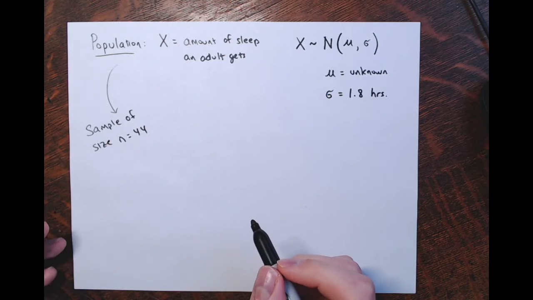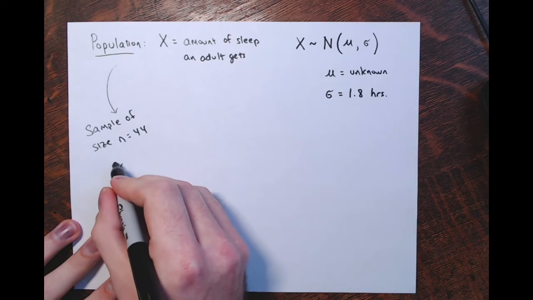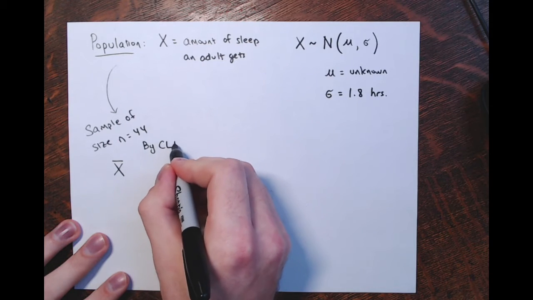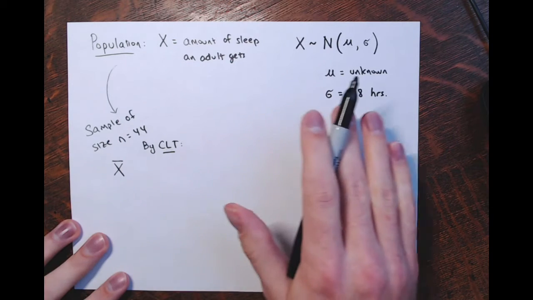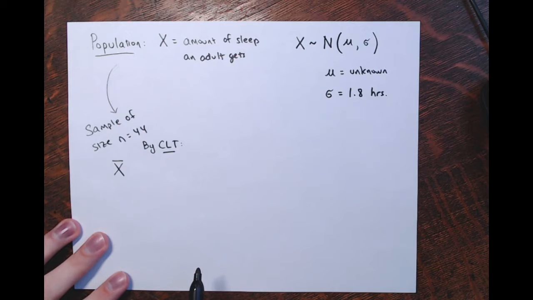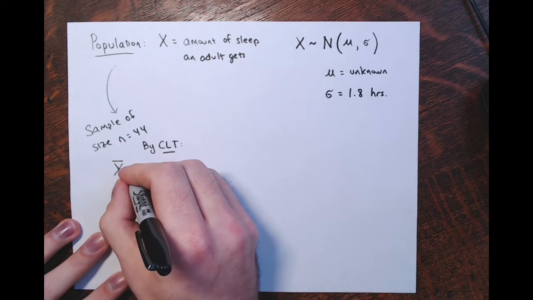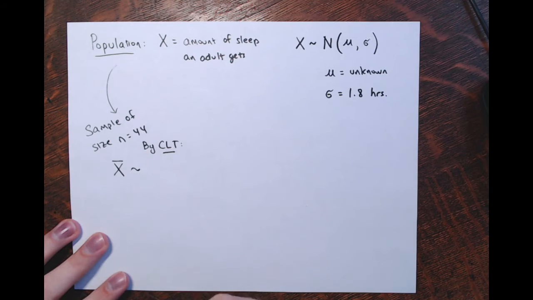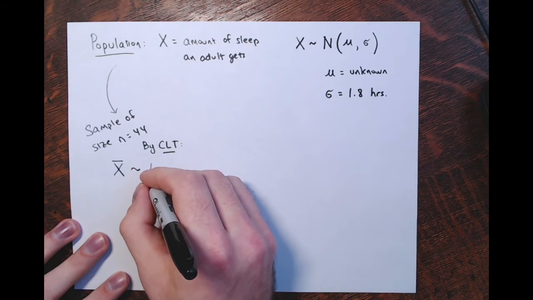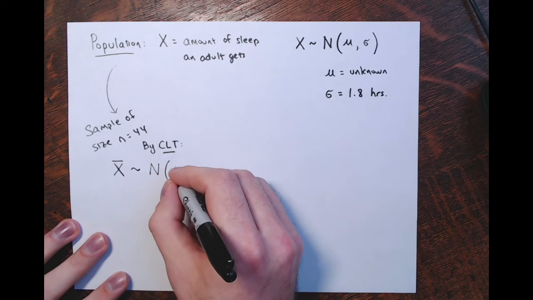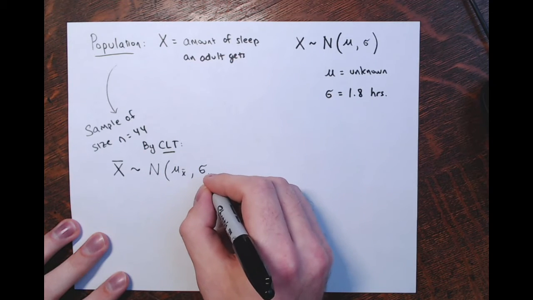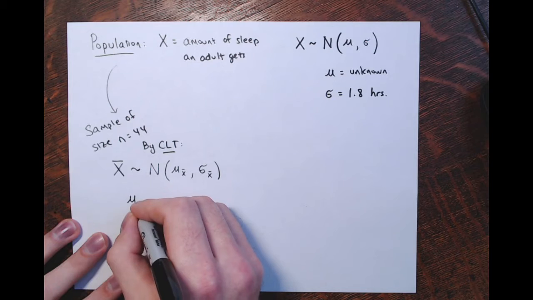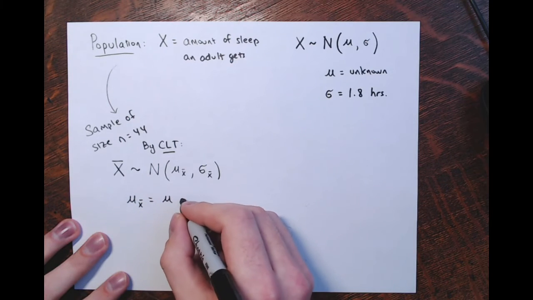So now suppose we look at groups of size 44, and remember, by the central limit theorem for means, if I look at all possible samples of size 44 and look at the mean hours of sleep those groups of 44 get, all those x bars, all those sample means would be approximately normally distributed with a mean of mu sub x bar, the mean of the means, and a standard deviation sigma sub x bar, where the mean of the means is the mean of the population, but that's unknown.